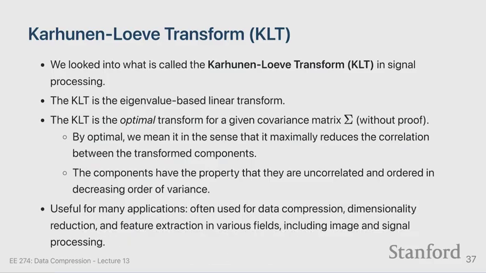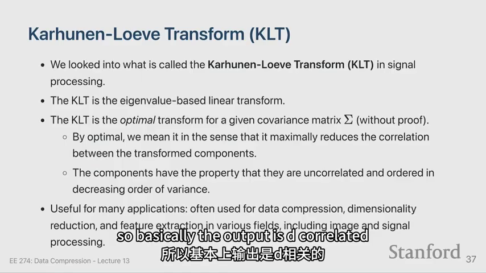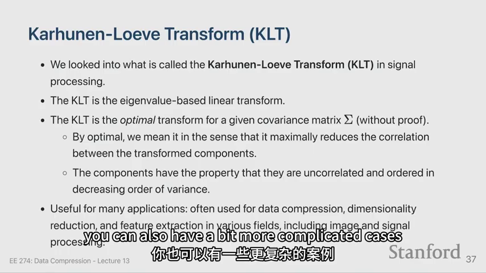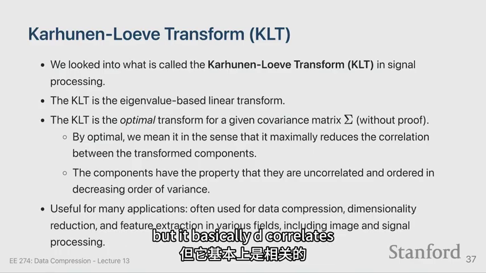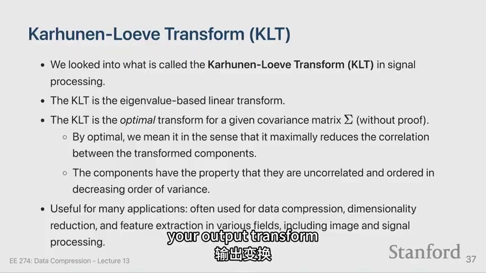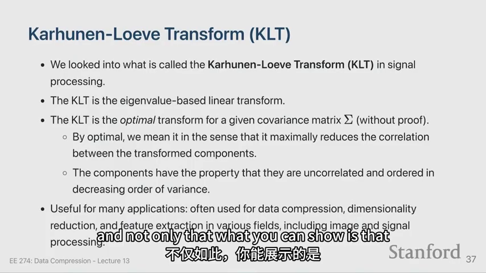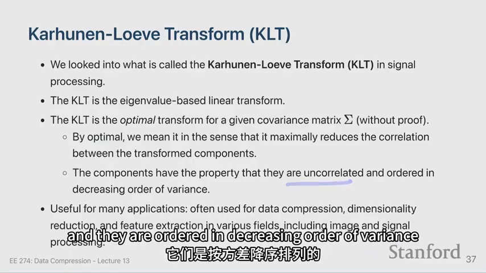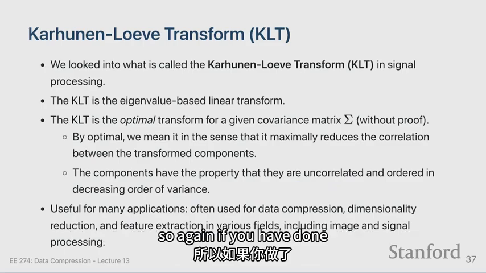So the output is decorrelated. We worked in a simple case. You can also have more complicated cases, but it basically decorrelates your output transform. And not only that, what you can show is that they are uncorrelated and they are ordered in decreasing order of variance.